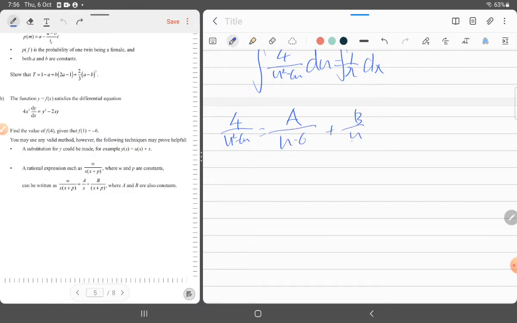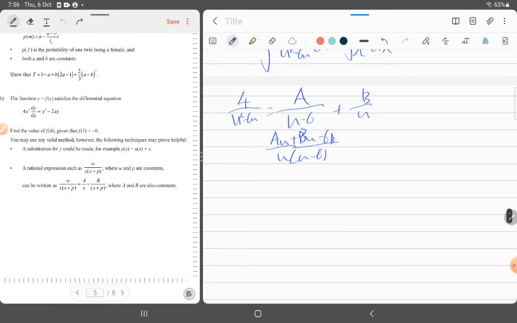Which is equal to au plus bu take away 6b over u brackets u take away 6. The constants match up, so a plus b u and minus 6b.